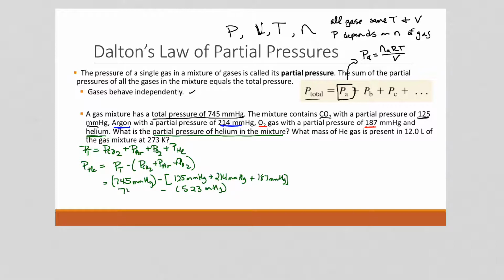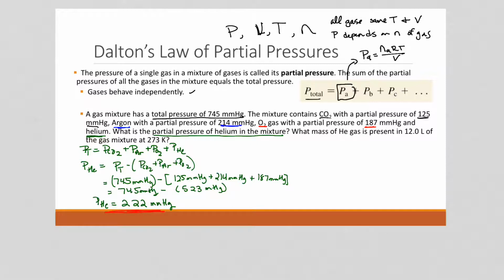So 745 minus 523, the partial pressure of helium equals 222 millimeters of mercury. Okay, so we solve for the partial pressure of helium here.